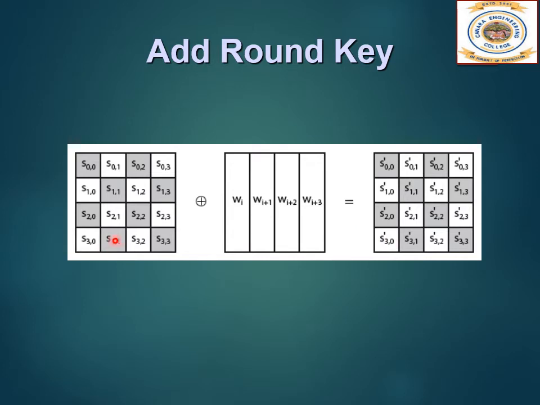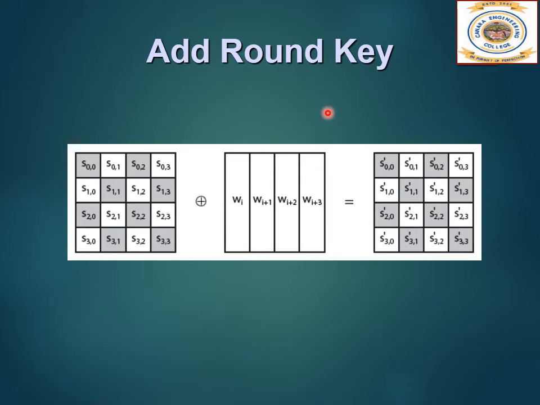Then the second column is XORed with the second word and the second output column is obtained. Similarly, the third column is XORed with the third word, and the last column is XORed with the last word. This is how add round key is done.